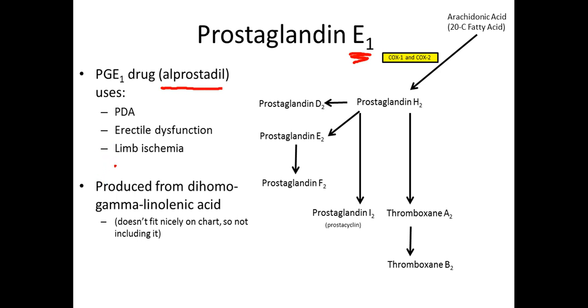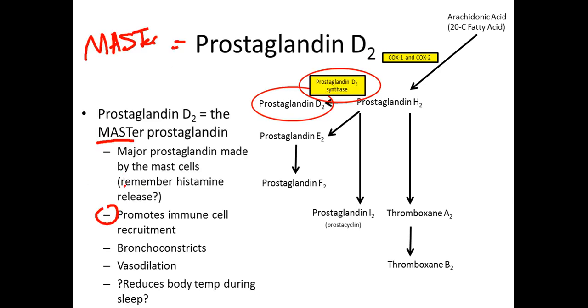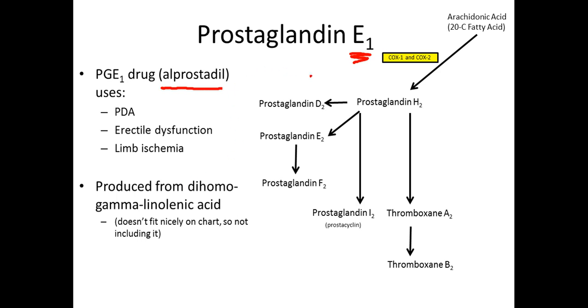So what it does, I'm going to back up here, is it's going to vasodilate for the most part. So E1 really doesn't fit well off this chart, but it is made off of prostaglandin H2 to some degree. What it's going to be used for is pretty much keep blood vessels open.